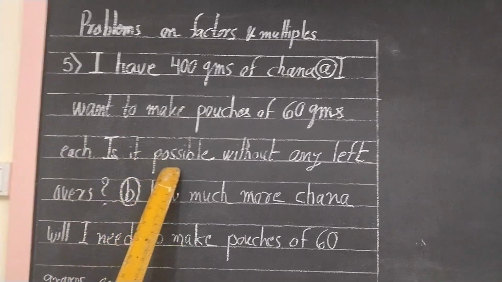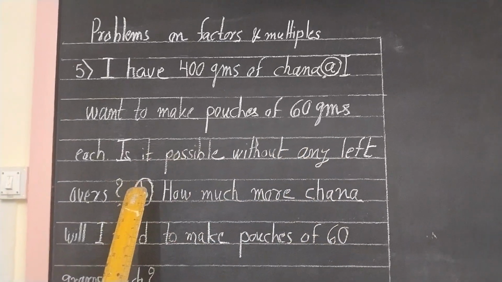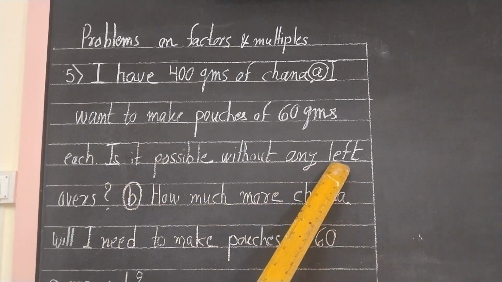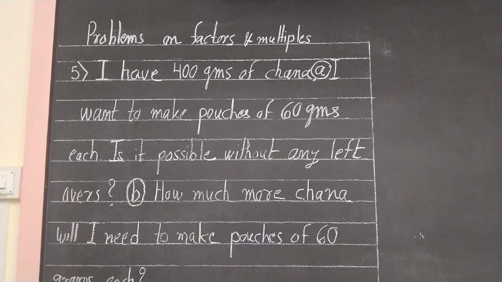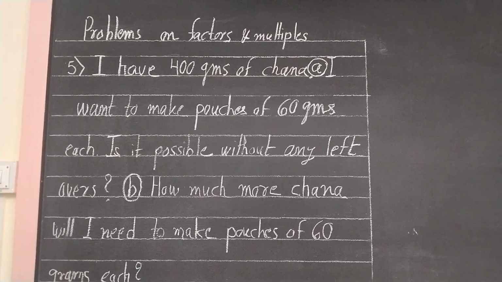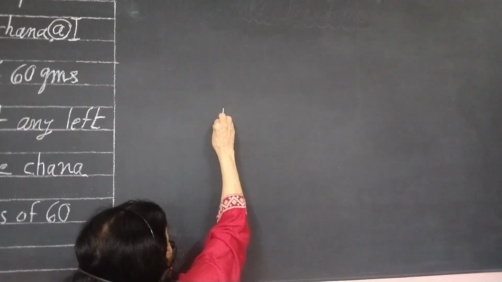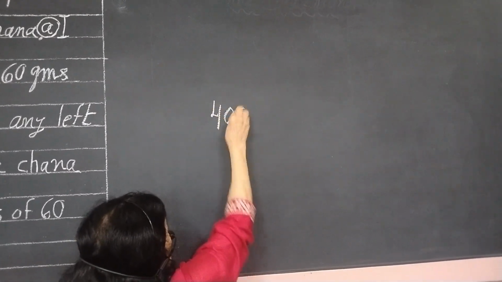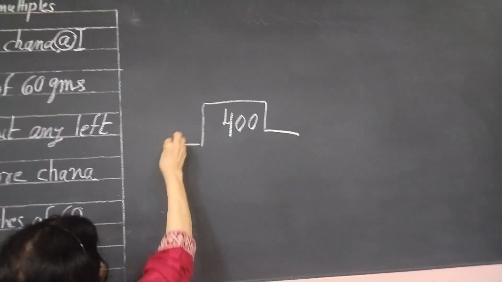Is it possible without any leftovers? Since the word leftovers has come, it is a problem which we can solve by division. So here, 400 divided by 60.